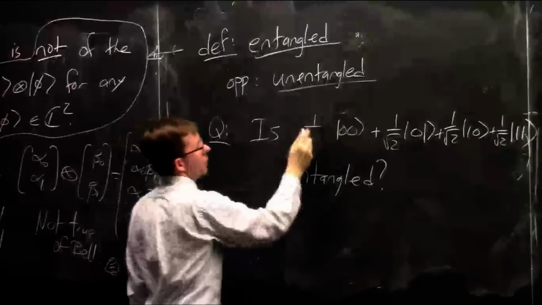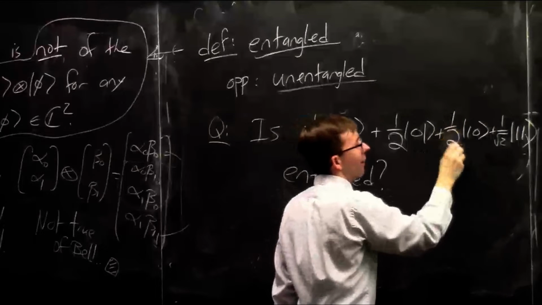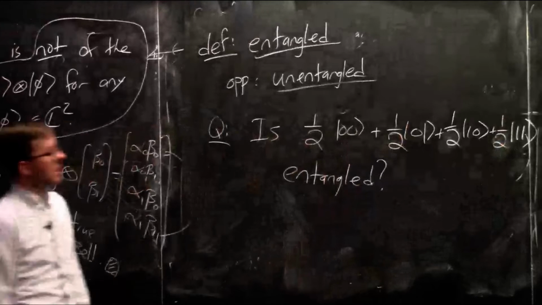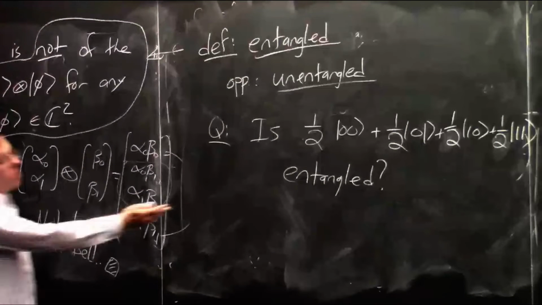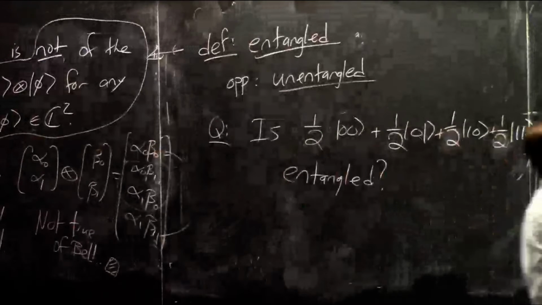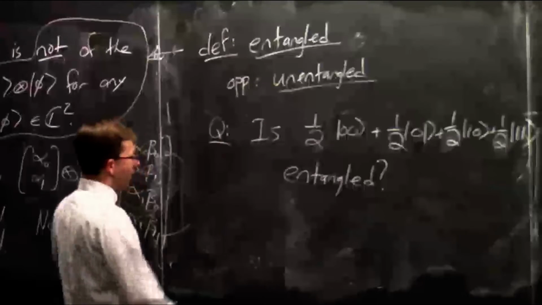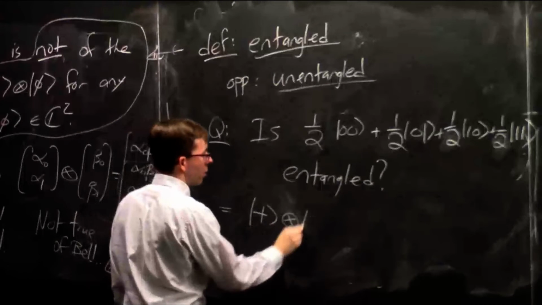Sorry, these should all be halves. That's probably what you're grumbling about? Yeah. Good point. Okay, we need their squares to add up to 1. Is this state entangled? At first you're like, man, it looks even more complicated than this state, right? So maybe yes, but actually no. It's not, because it's plus tensored with plus.